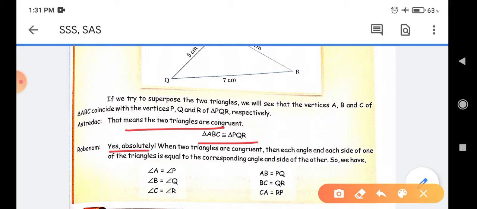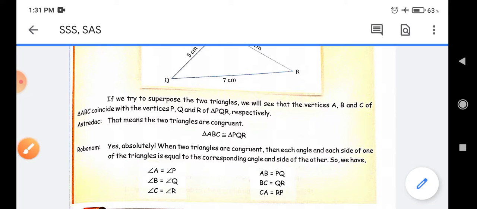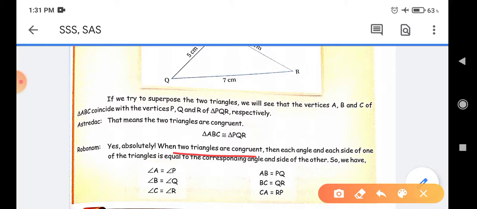Yes, absolutely. When two triangles are congruent, then each angle and each side of one triangle is equal to the corresponding angle and side of the other.